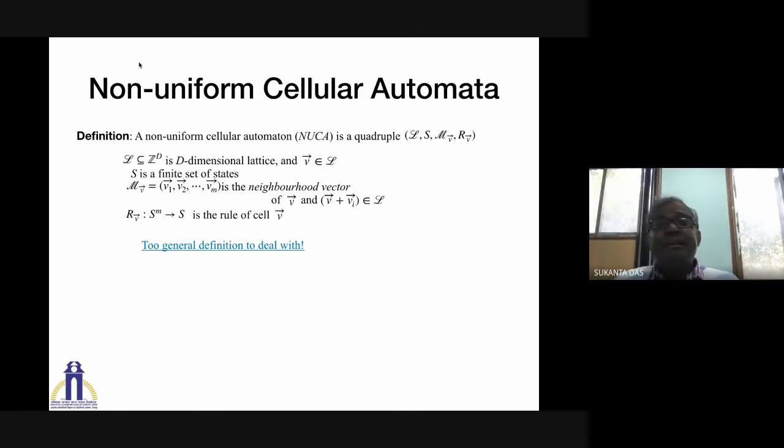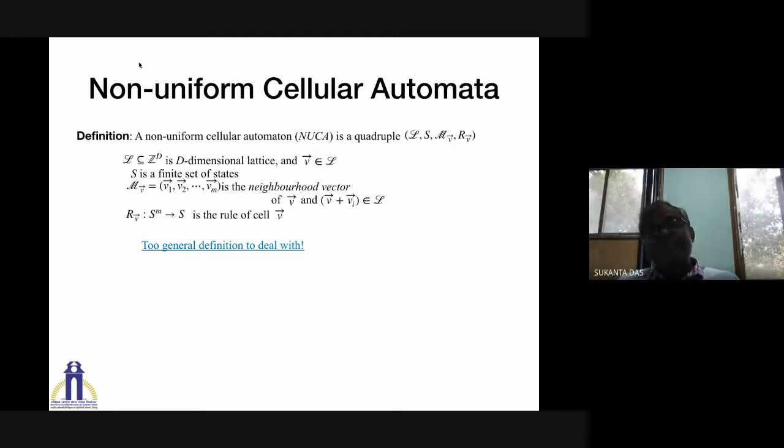But even if I take L as a one-dimensional lattice, for non-uniform CA it is not decidable. So many problems are undecidable here for non-uniform cellular automata. It's too general a definition to deal with.